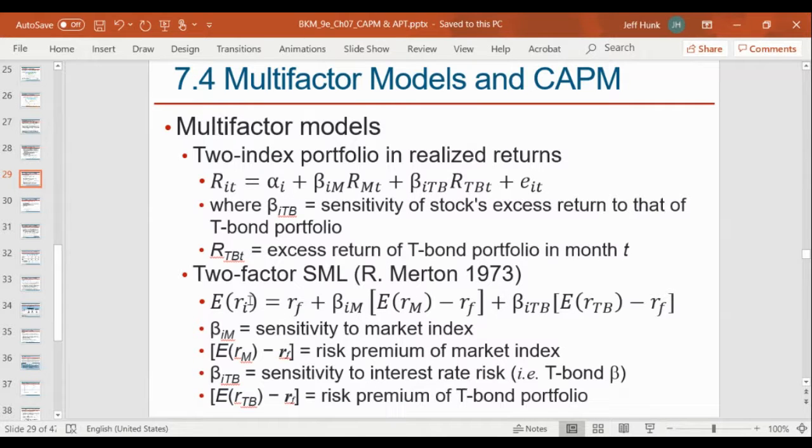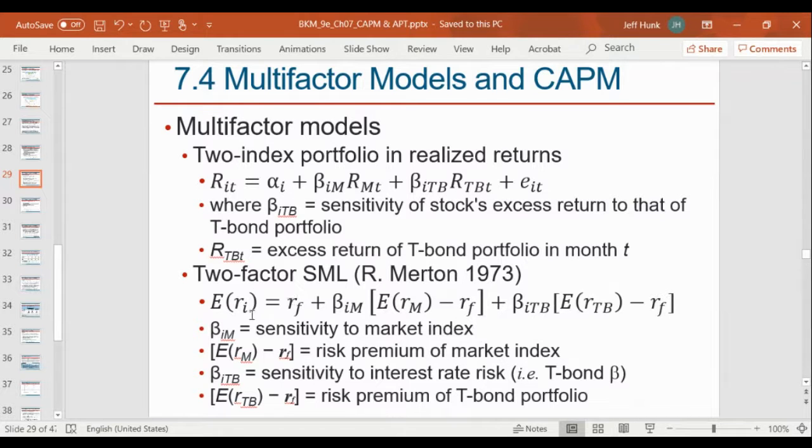And actually, Robert Merton, another famous economist who also won the Nobel in economics, came up with exactly that model in 1973. So this is the excess return on the market index, and this is the excess return on the Treasury bond, so risk premiums, right?